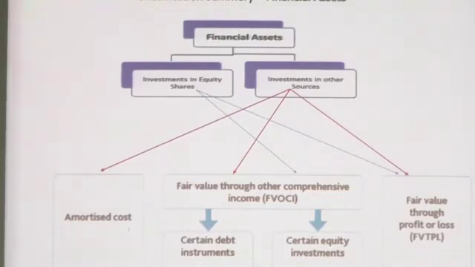Amortized cost, fair value through OCI on debt and fair value through P&L. Clear? Therefore, basically financial assets will be classified in only three categories: amortized cost, fair value through OCI and fair value through P&L. Amortized cost only for debt instruments, fair value through OCI both debt and equity, fair value through P&L both debt and equity. Is that clear?